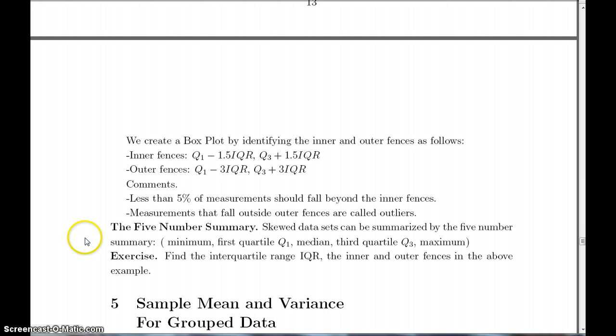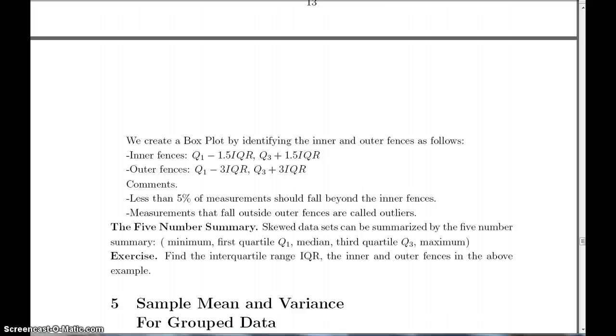So the way we can summarize data is by using something called the 5-number summary: the minimum value, the first quartile, the median, the third quartile, and the maximum value. As a homework assignment, you should find the interquartile range and the inner and outer fences in the above example as practice.